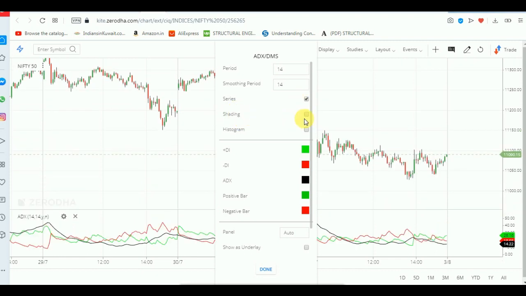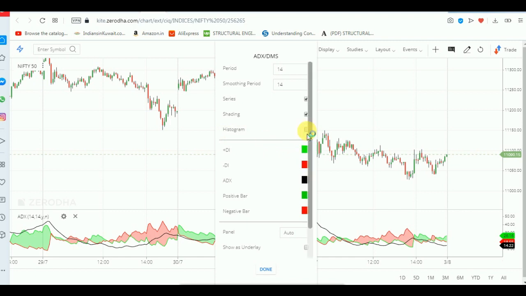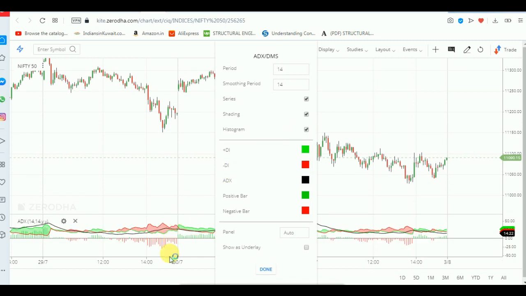And in shading, I'll select this text box, and let us select histogram also, right? Yes, I have selected it, and basically you can see here some of the colors. Plus DI is called the directional index, and minus DI. So what is the difference between plus and minus?